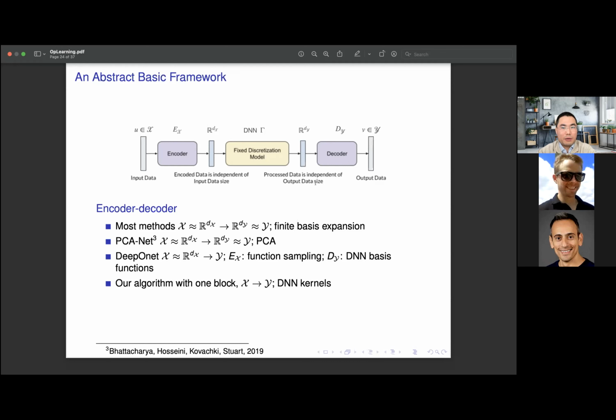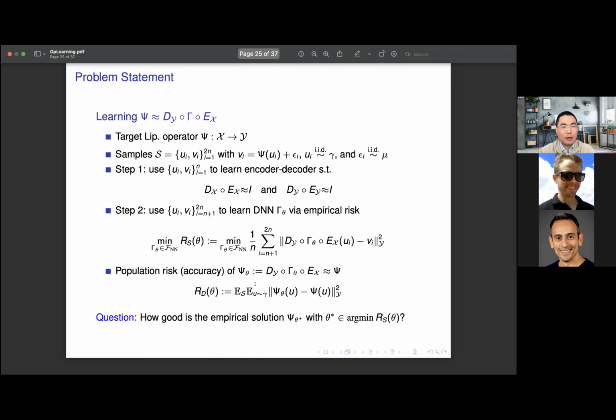You can also think about the analysis here as a special case where we only use a very simple block, only one block in our algorithm to learn the operator. So the mathematical setting for the theoretical investigation is that we assume that the target operator to be learned is elliptic.